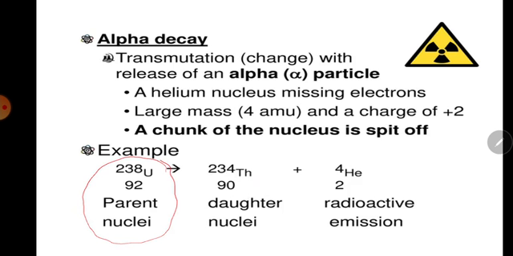Uranium-238 disintegrates into thorium with the release of alpha particles. So when uranium is disintegrated into thorium, this disintegration is called nuclear transmutation.